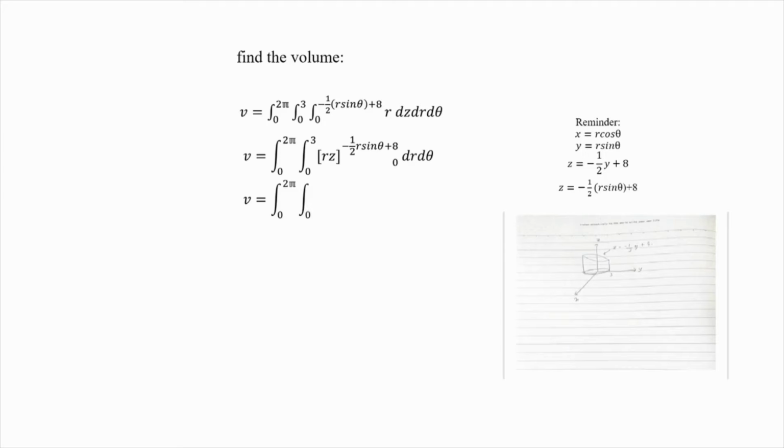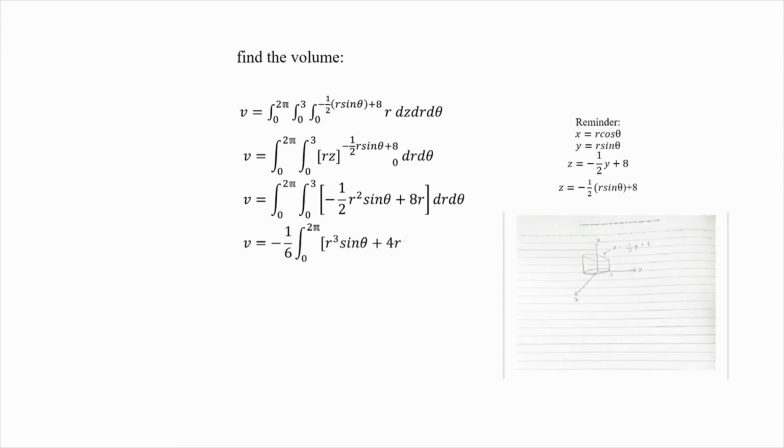From the graph that we sketched, the limit for dz is 0 to negative half r sin theta plus 8, since it starts from 0 to the height of the cylinder. For dr, the limit is from 0 to 3 for the radius, and for d theta, the limit is from 0 to 2 pi because we are going to integrate all the way around the cylinder.